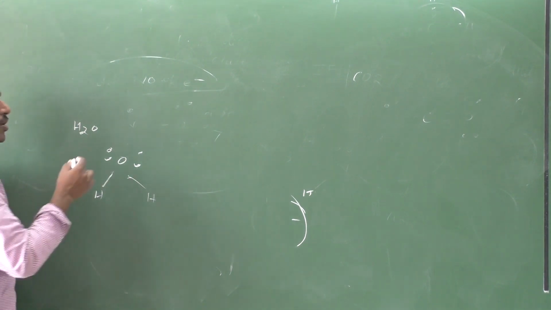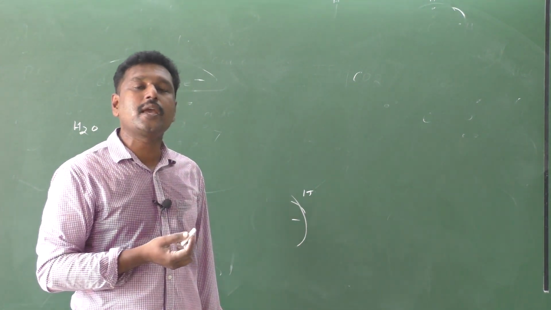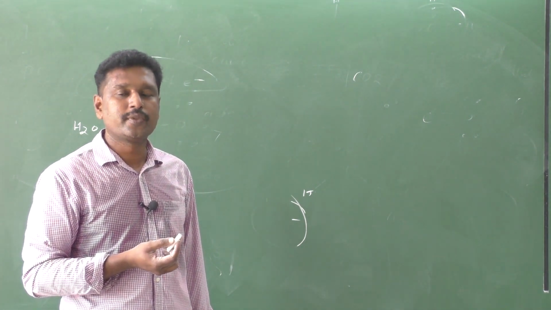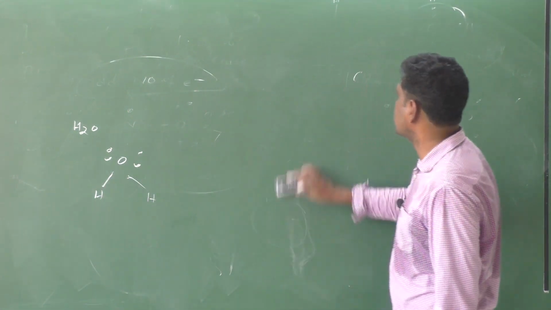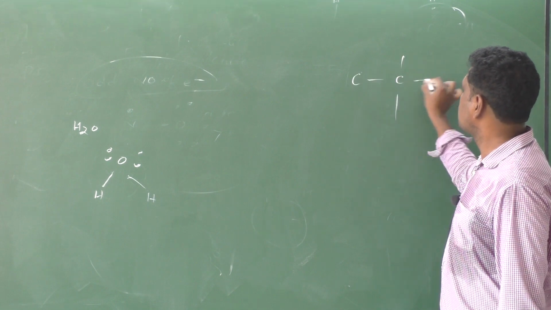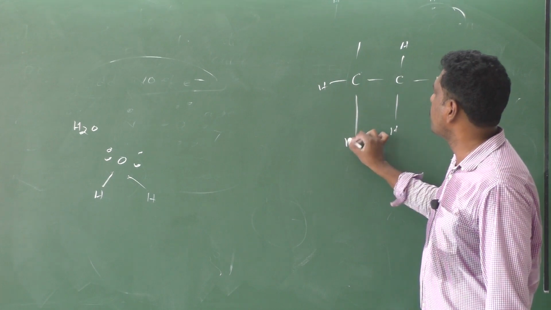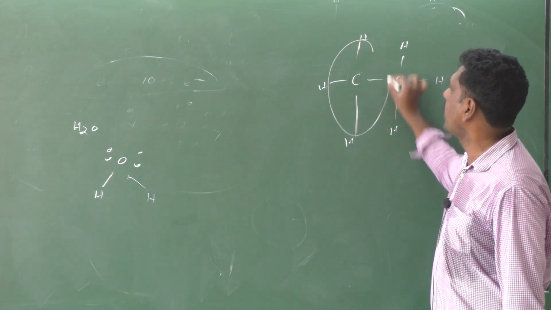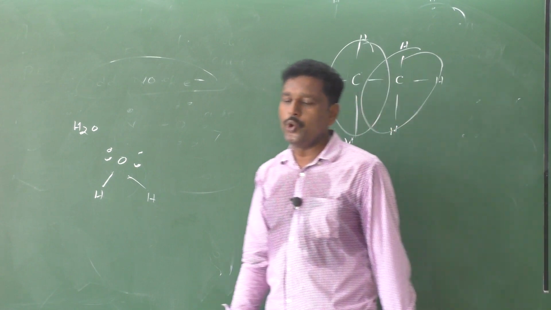So in the H2O molecule, the central atom oxygen obeys the octet rule. For example, ethane. Does carbon obey the octet rule? This is the structure of ethane. Each carbon atom has 8 electrons. Therefore, it obeys the octet rule.